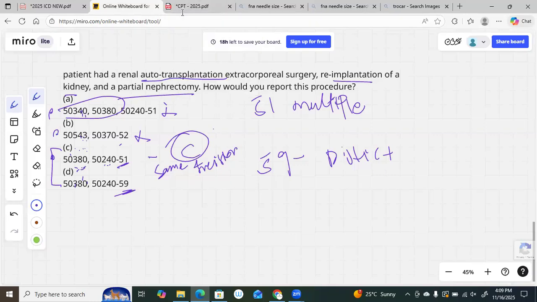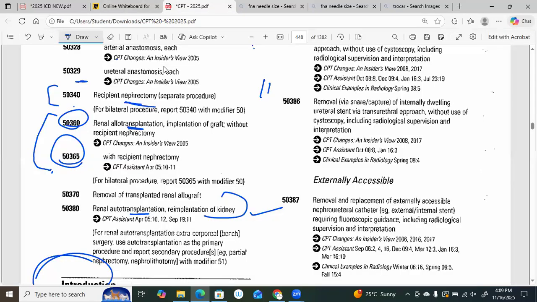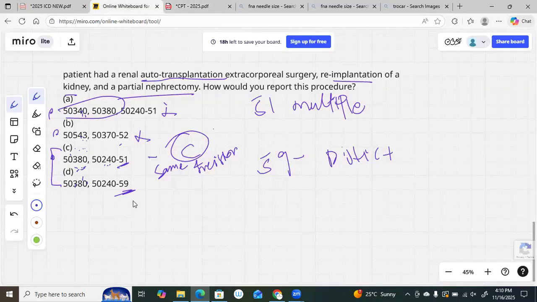So let me do one thing. Let me open. Page number is 448.